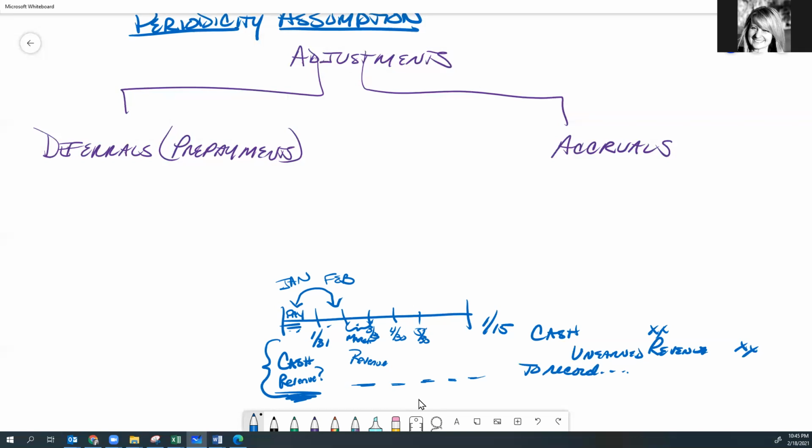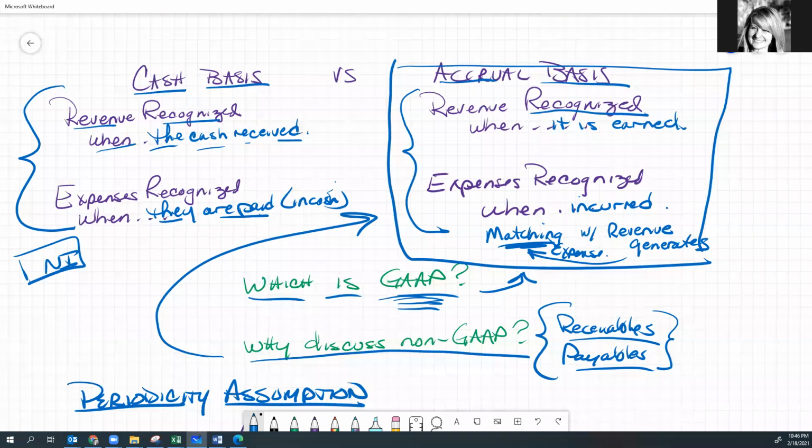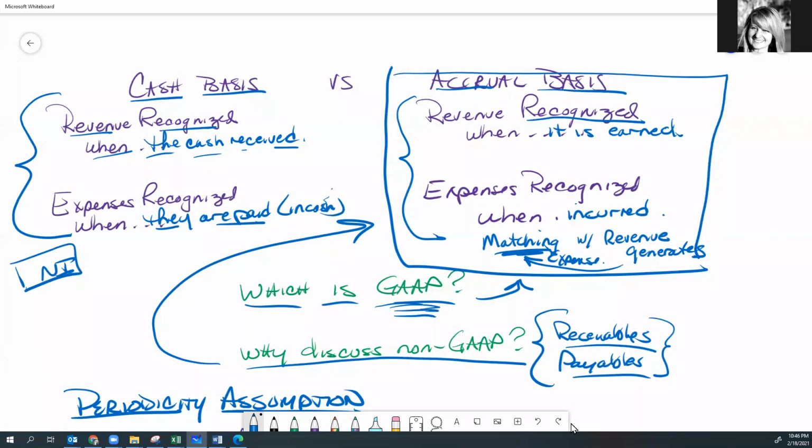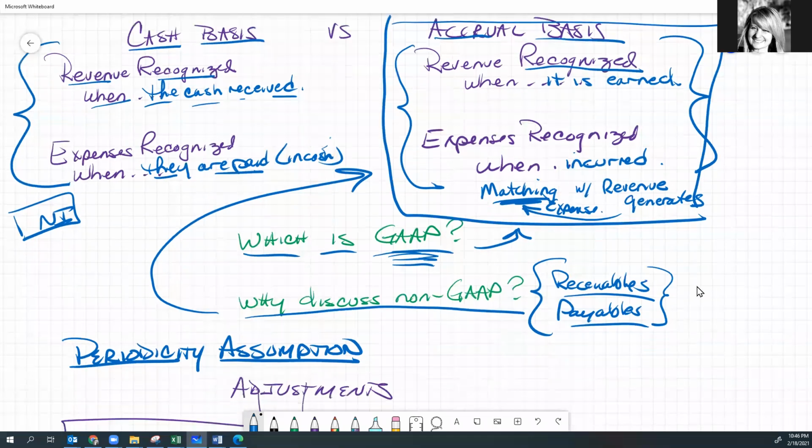Okay, so what we need to do is we are providing financial statements as of 1/31, and we need to make sure that in January, we're recognizing all the revenue and all the expenses for January that are in agreement with our GAAP principles, our revenue recognition principle and our expense recognition principle.